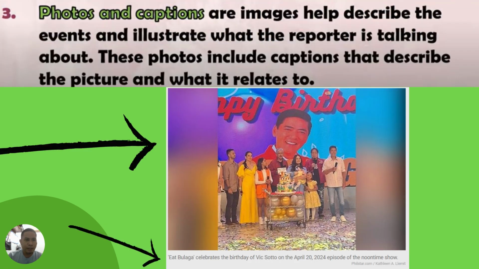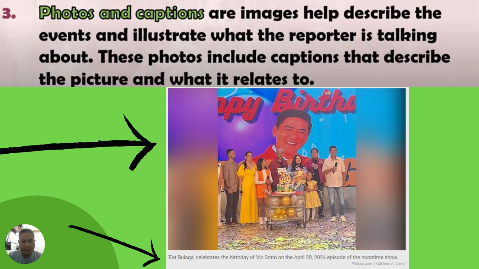Okay, let's go to number three. Number three includes photos and captions. When we say photos, they are images that help to describe the events and illustrate what the reporter is talking about. These photos include captions that describe the picture and what it relates to.